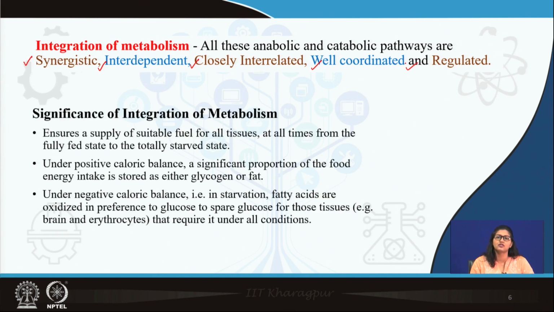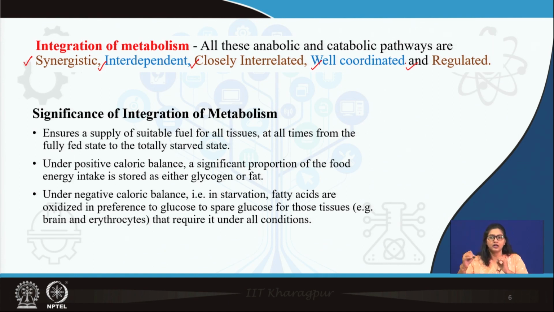What is the importance or significance of integration of all these pathways? Basically that integration is required for our body, for the maintenance of all the cells, their survival, their quality functions. Because finally integration of all these pathways ensures the supply of suitable fuels to all the tissues.